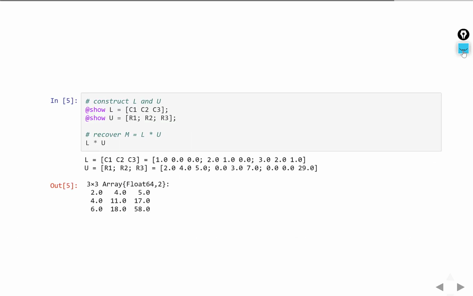We can verify that. We stack C1, C2, and C3 to form L, and we use R1, R2, and R3 to define U, and we recover M by L times U.